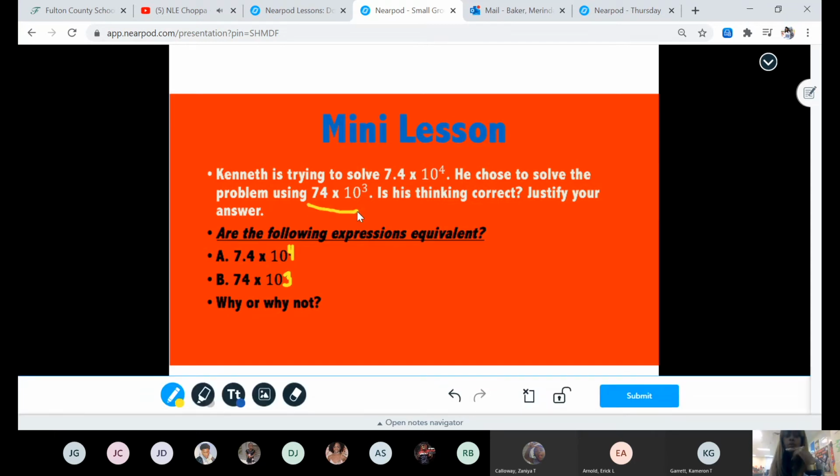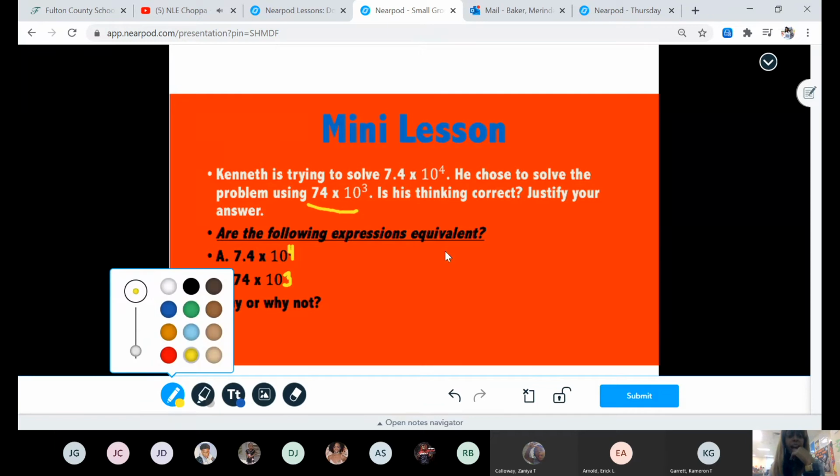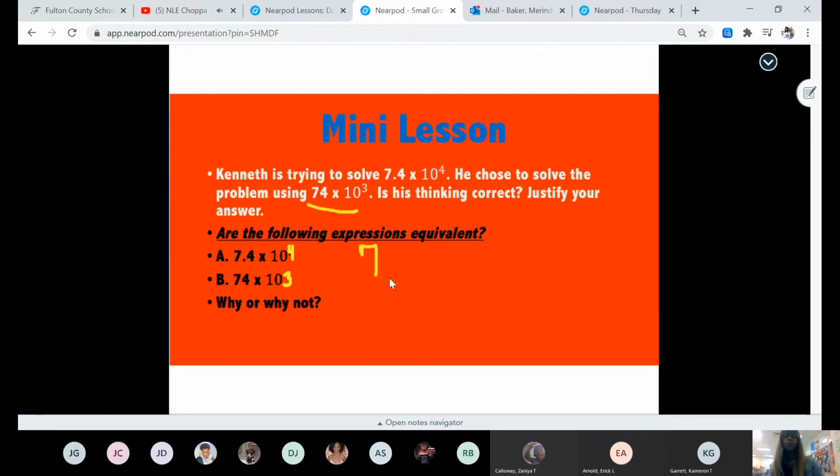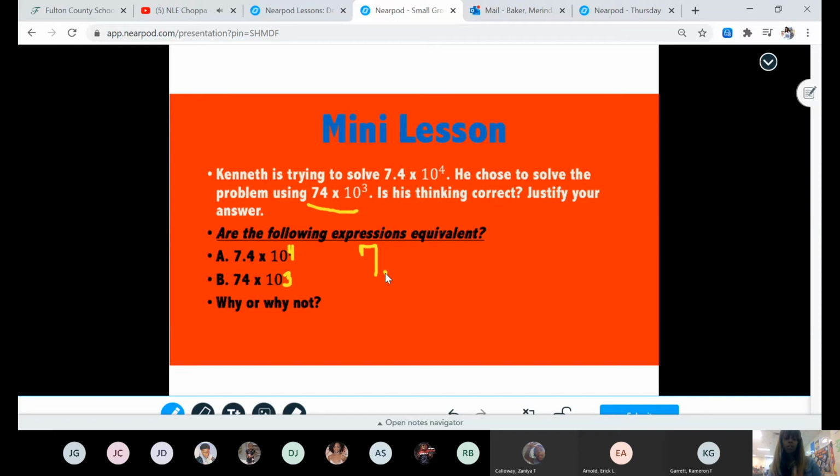He wanted to use 74 times 10 to the 3rd power. Is his thinking correct? We want to know, did he solve this correctly? And the only way we can find that out is if we solve it. So therefore, this is an error analysis. An error analysis is when they give us a problem that is wrong and we have to figure out what the issue is.